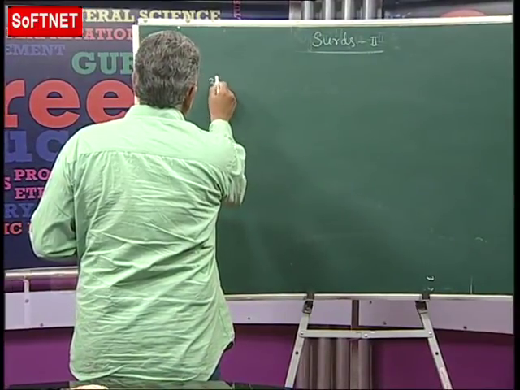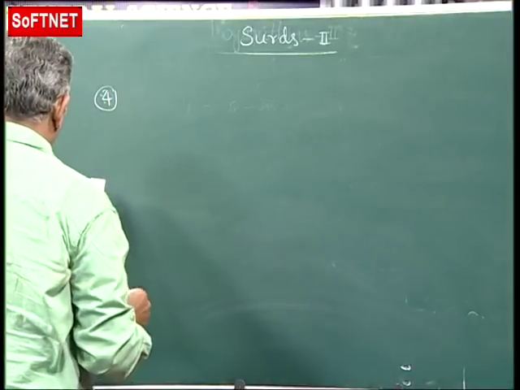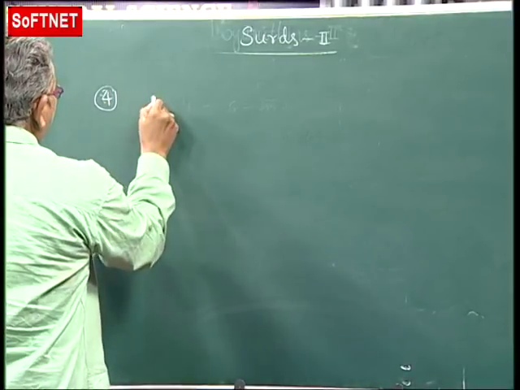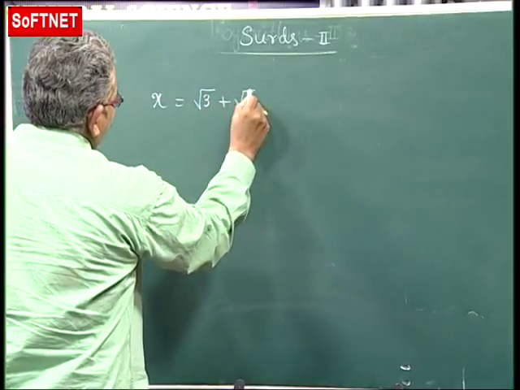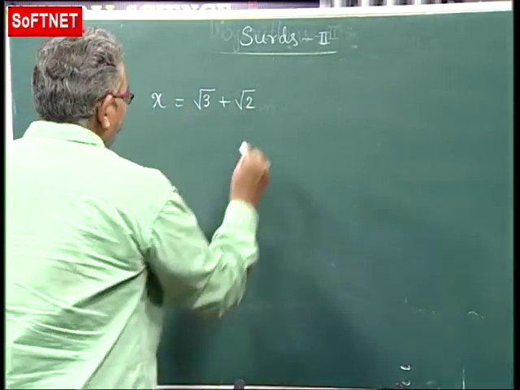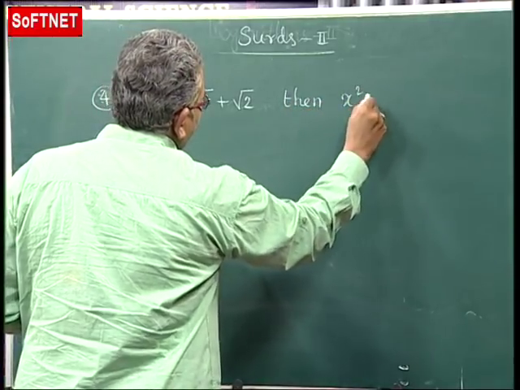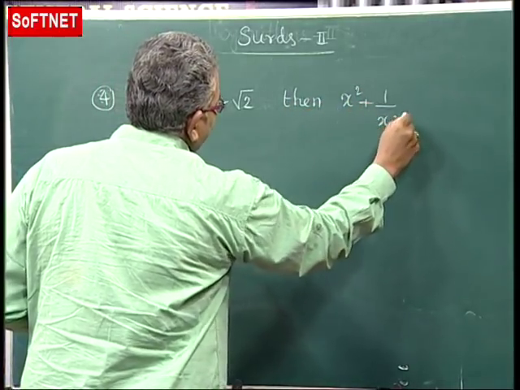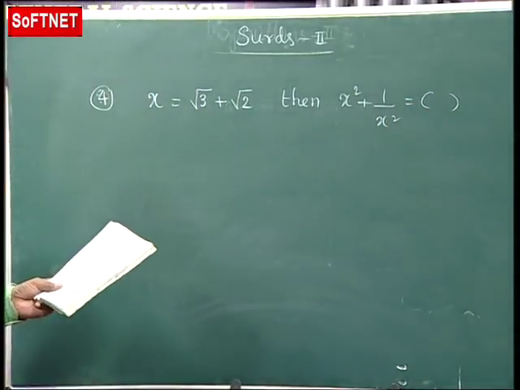Now next problem. x is equal to root 3 plus root 2. Then x square plus 1 by x square is equal to, okay.